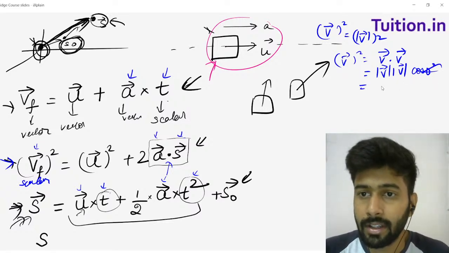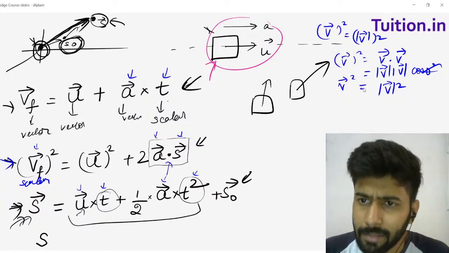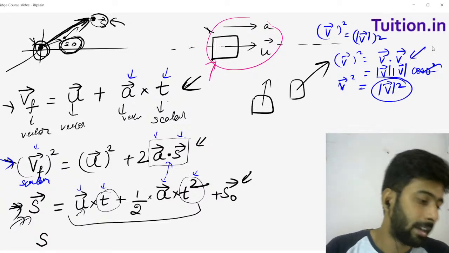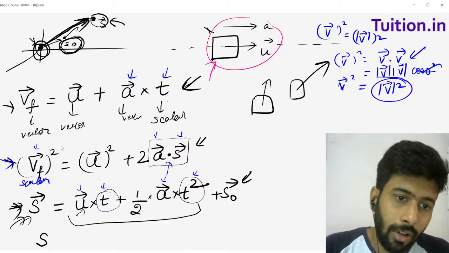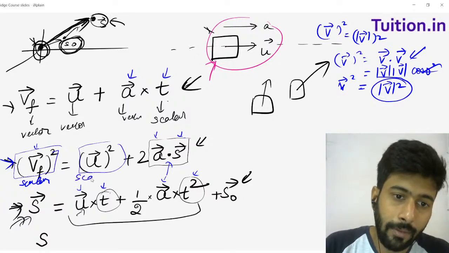So forget about this, it will become mod v square. So when I say v bar square, it means mod v square only, because v bar square means I'm doing the dot product of the vector with itself. Okay, so when you do it, you will get a scalar here. When you do this u square, you will get a scalar.